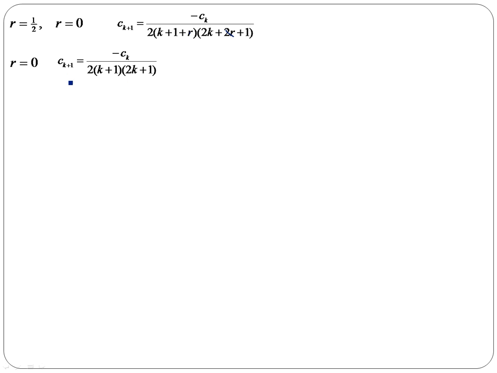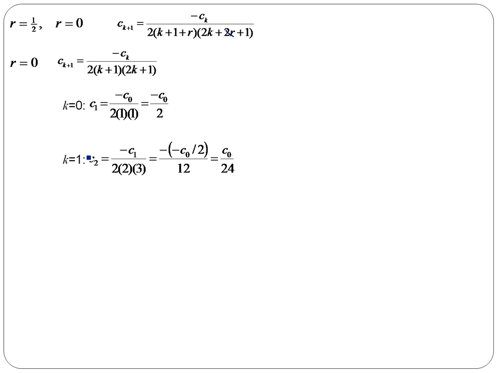And I can get the coefficients by letting k equal 0 to substitute 0 in for k. You get negative c0 over 2. Let k equal 1. Substitute 1 in for k. Eventually you get c0 over 24.